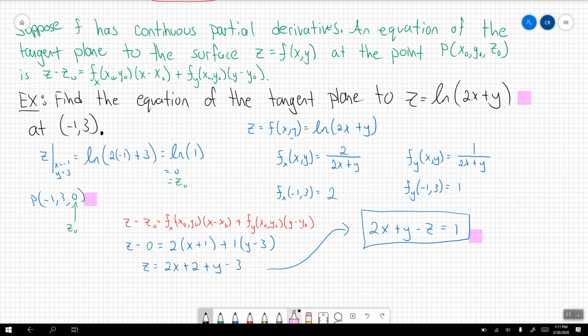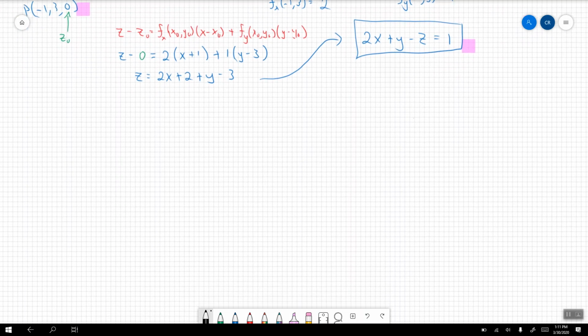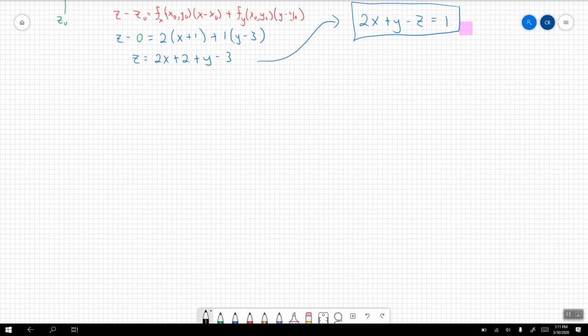Now that we have more of the basis for it, let's start talking about that linearization that I mentioned earlier. If we want to talk about a linearization, that means we want to approximate, or linearize, a function in terms of a tangent plane.